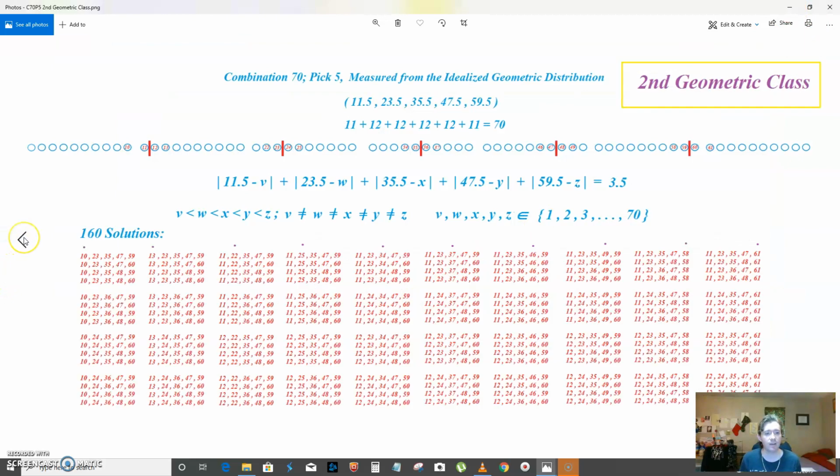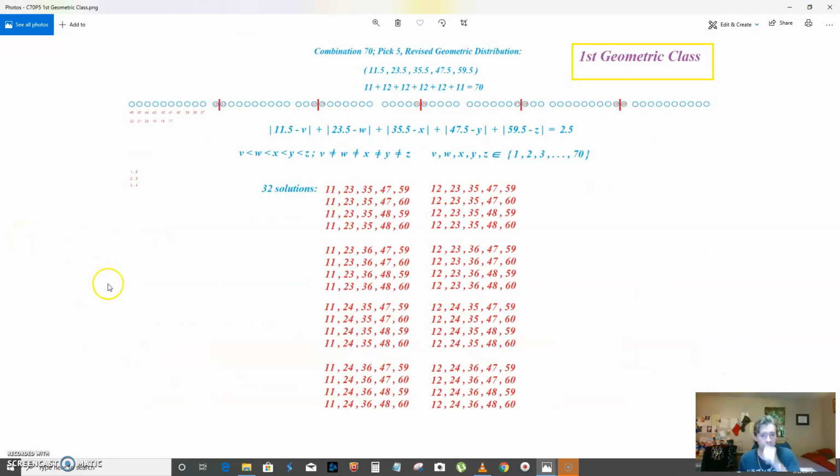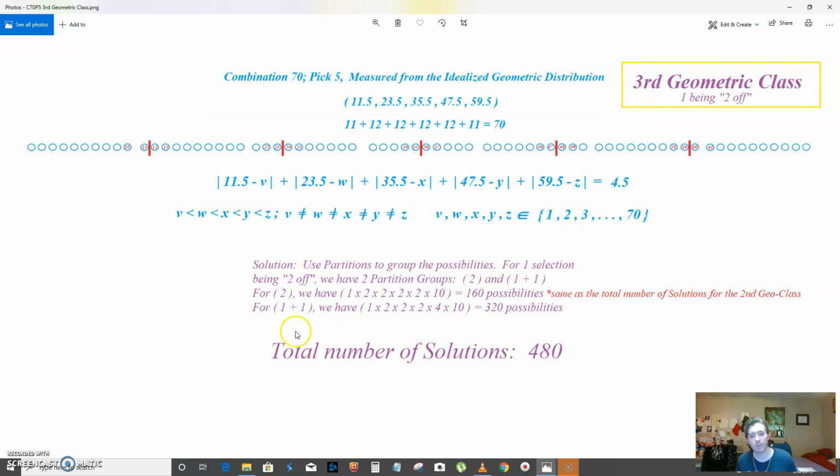But for 70 pick 5, it's not as straightforward. So we had 32 and then 160. And then in the third geometric class, the way that we calculate it is, well, I also want you to realize that whenever we expand a possibility of being one off on either side of the standard, but just one of them, for the third geometric class, you can have one being two off or two being one off.